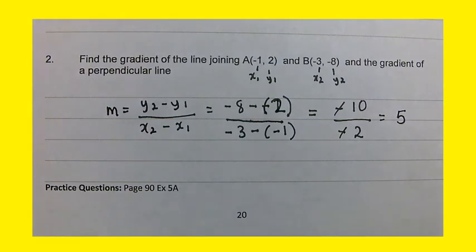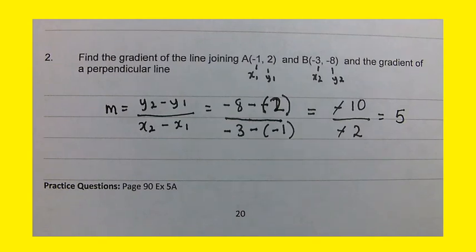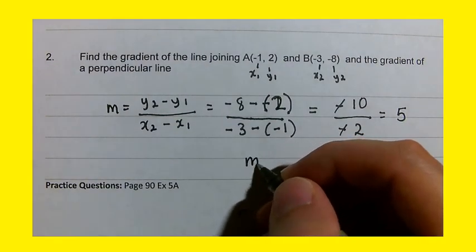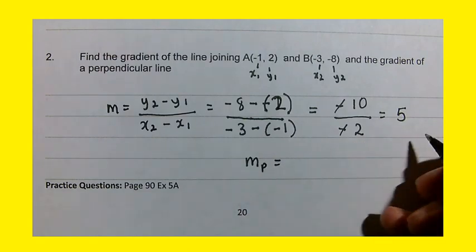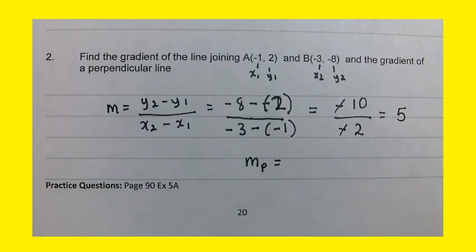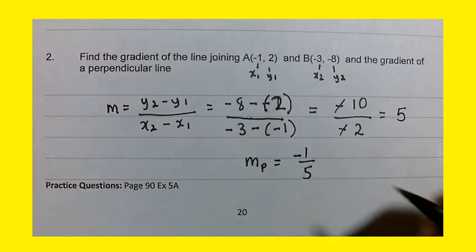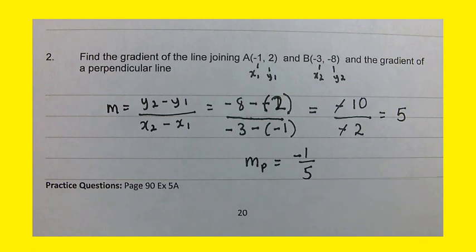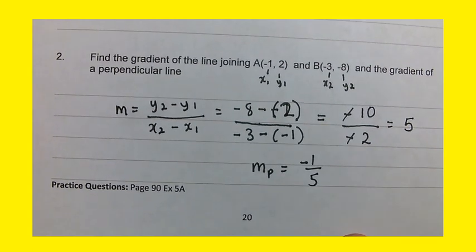So the gradient of this line between A and B is 5, and therefore the gradient of the perpendicular line, m subscript P, will be, well, 5 is 5 over 1, so the reciprocal will be 1 over 5, and you change the sign: minus a fifth. And that's it for finding gradients.